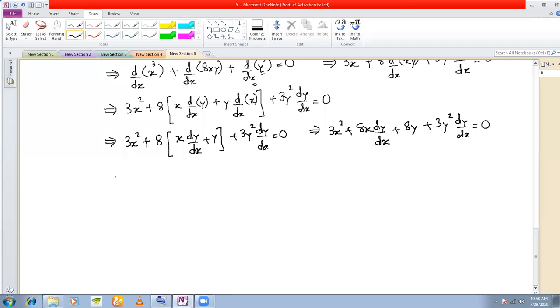Now I take the dy dx terms together and all the other terms together. Here you get 3x square plus 8y, these are the other terms apart from dy dx. And the dy dx terms are 8x dy dx and 3y square dy dx. Now I can take dy dx common.